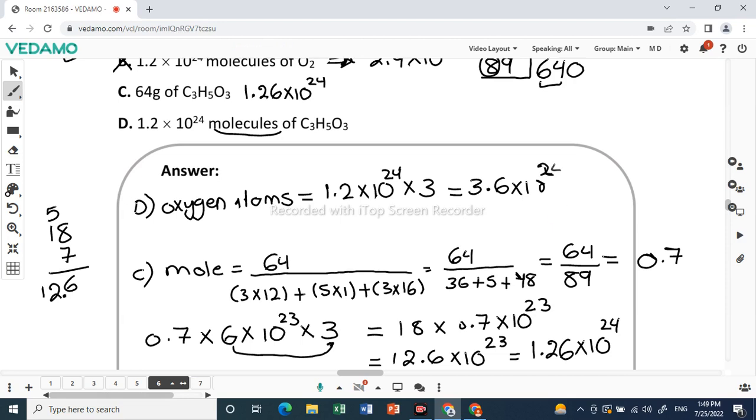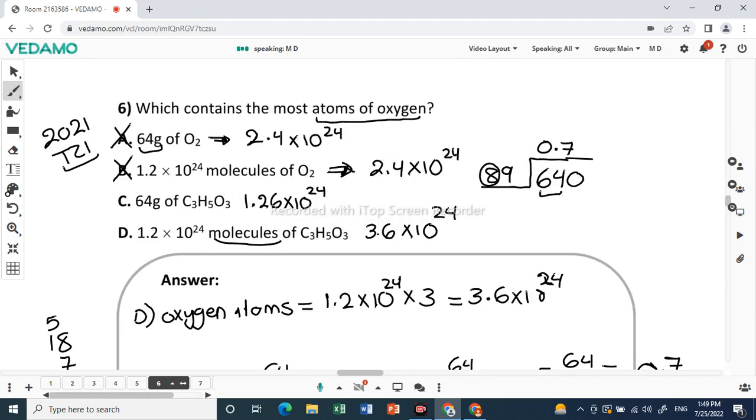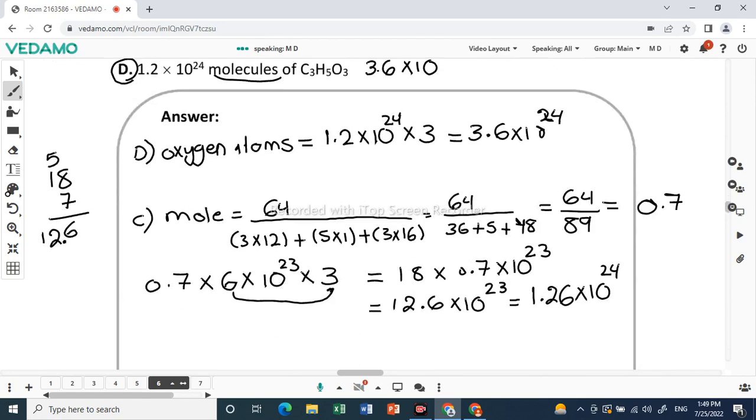So here it's 3.6 times 10 to the power of 24. Going back, the question is asking which contains the most oxygen atoms, so your answer is D.